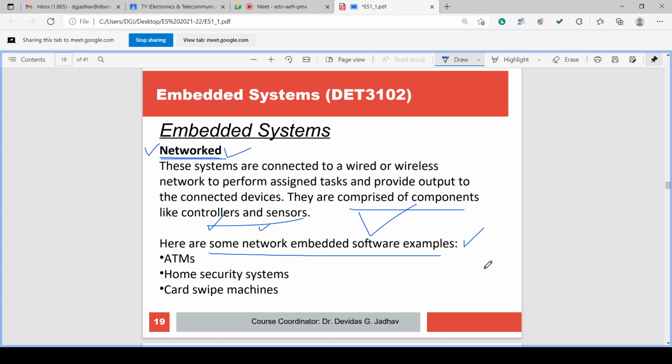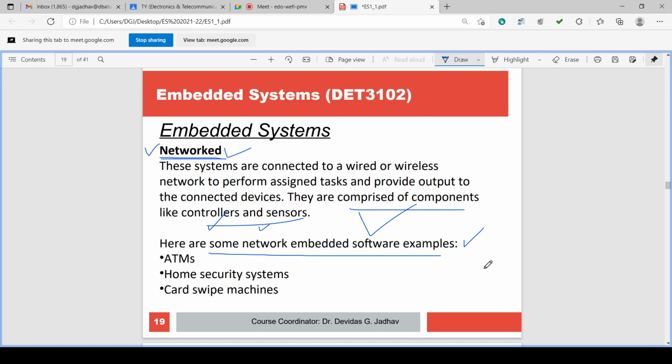After validation, it either allows the transaction or declines the transaction. Declining means it does not give the money; allowing means the currency notes are given to the user. So the ATM node is communicating with the bank server. ATM is the best example of a networked embedded system.